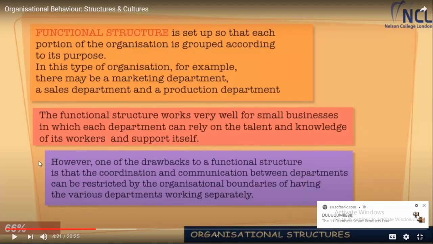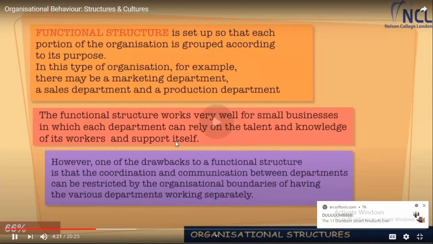So if you get a question asking you what is the drawback of each of the structures, you should know that the drawback for functional structure is that the coordination and communication between departments can be restricted by the organizational boundaries or borders, of having various departments working separately. So you see, this is one of the drawbacks of functional structure here.